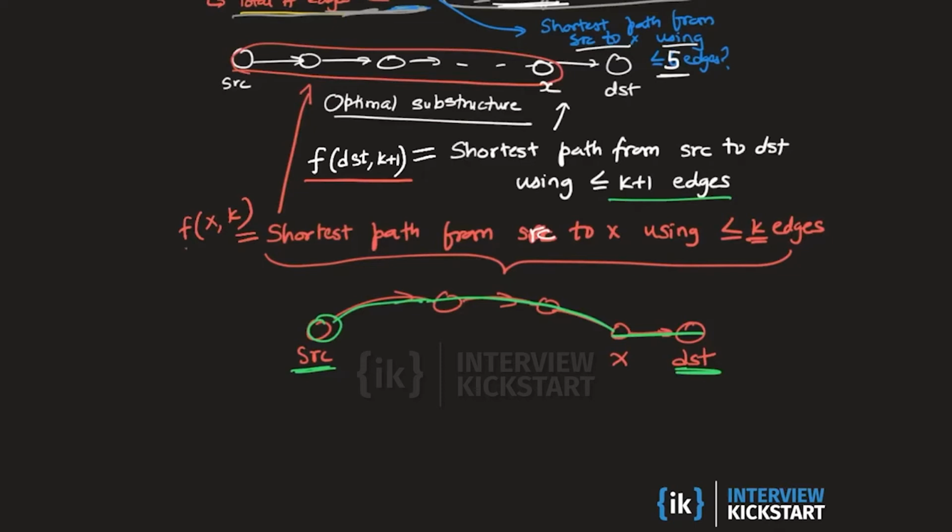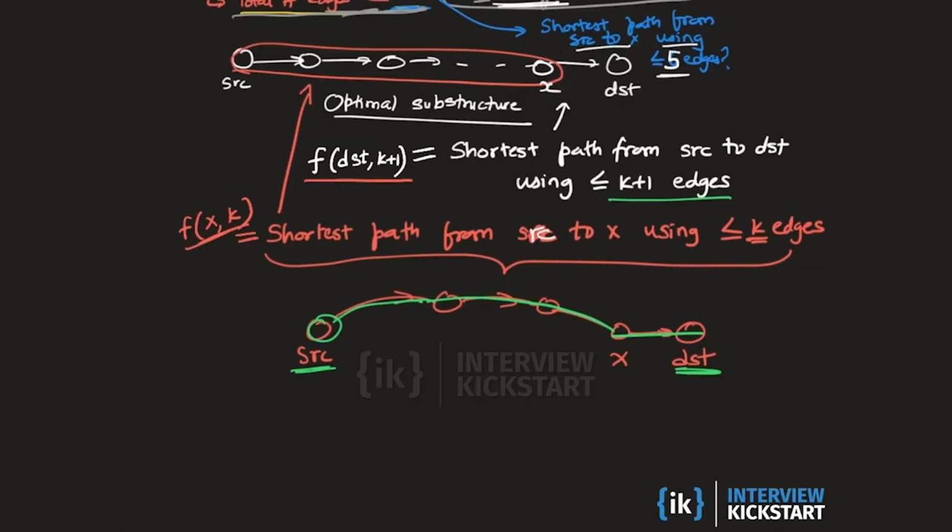This f reflects the length of the shortest path from that global source to x, which uses less than or equal to k edges. Why have I put k as a second parameter? Because only when we reduce that value of the second parameter do we get optimal substructure.